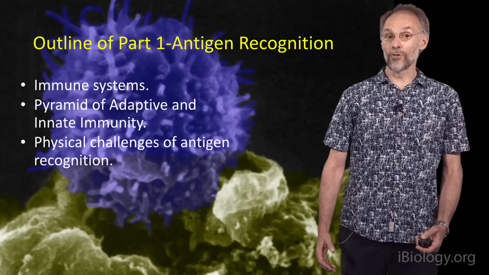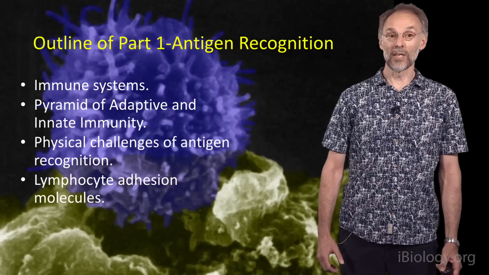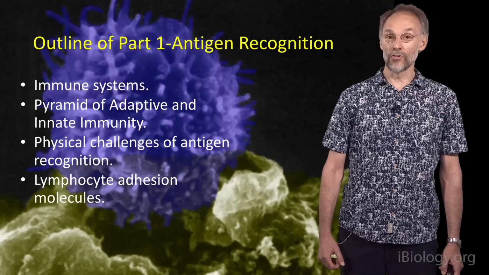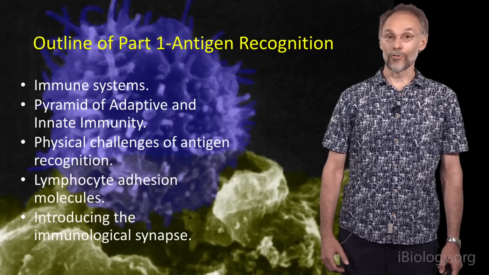The physical challenges of antigen recognition for T lymphocytes, which I'll introduce in a moment, and adhesion molecules that meet some of these challenges, and how these are coordinated in an immunological synapse.